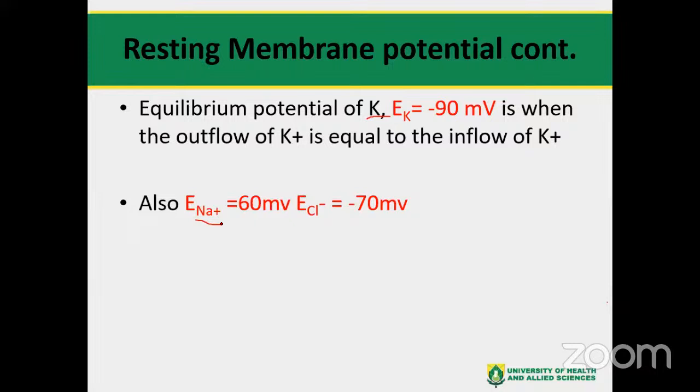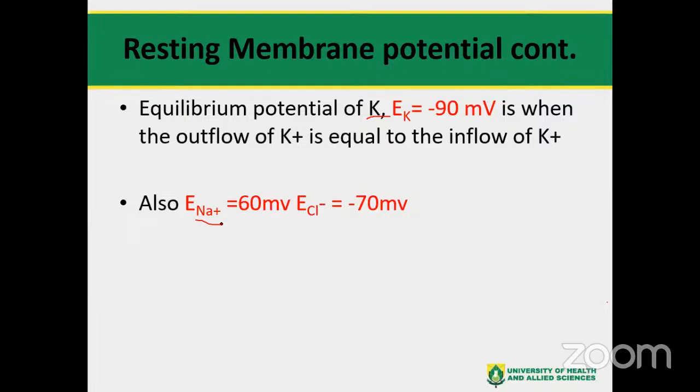If you look at potassium, the equilibrium potential of potassium is minus 90 millivolts. This means that at the time the inflow of potassium is equal to the outflow, when you measure the voltage, the potential difference, it will be minus 90 millivolts.